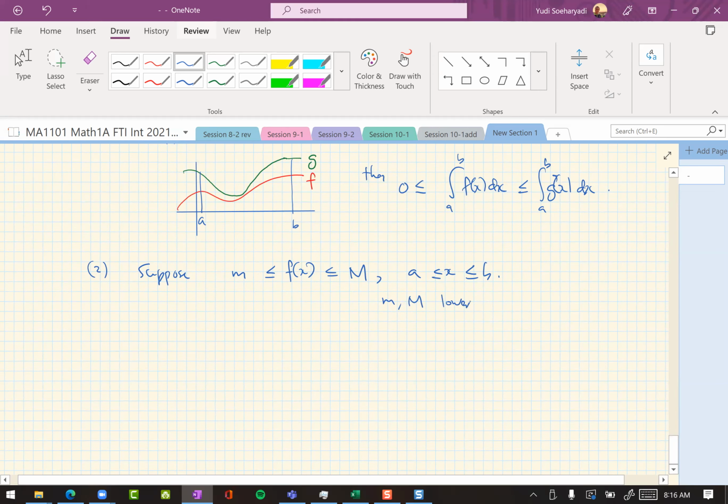Okay, so using the comparison principle, what we get here is that the integral is less than this M and bigger than little m.